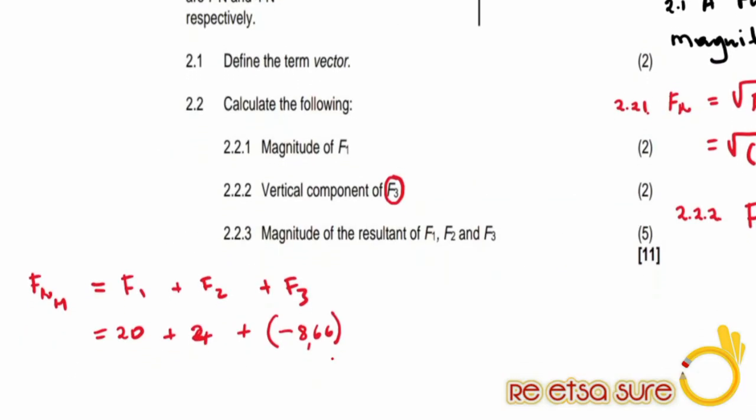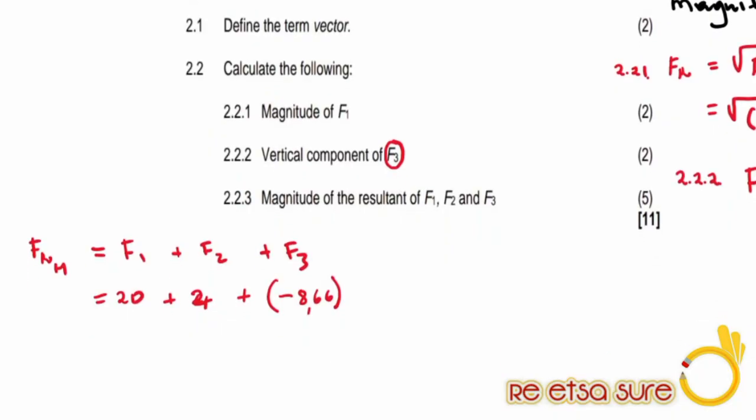Okay. So now, what is our resultant for x, horizontally? I'm just going to say 20 plus 4 minus 8.66, and then I get 15.34 Newton.